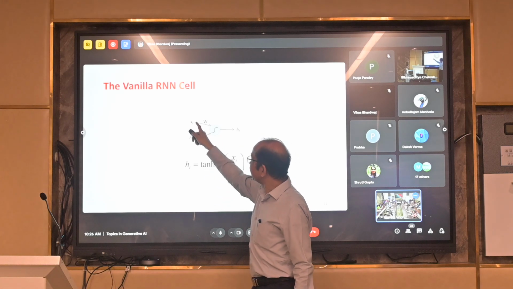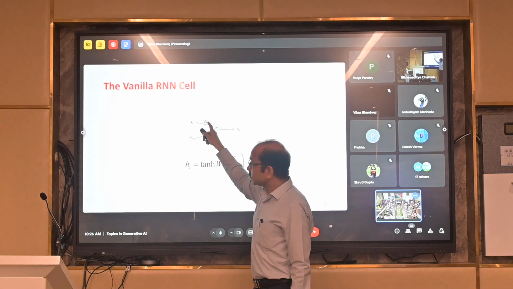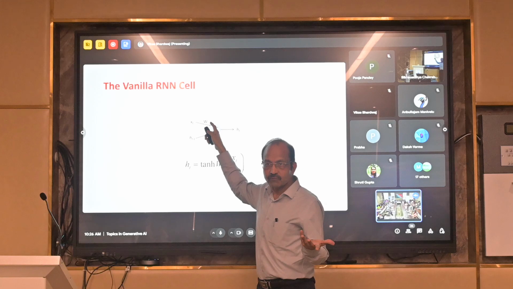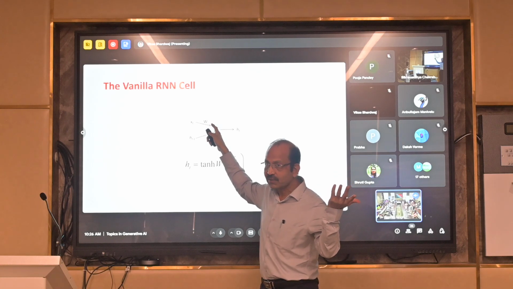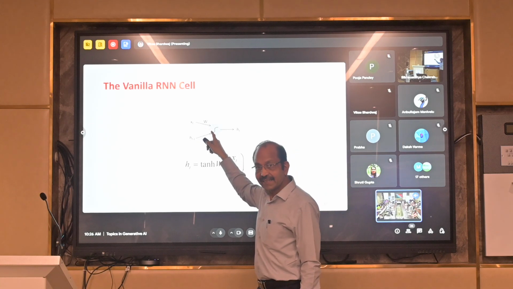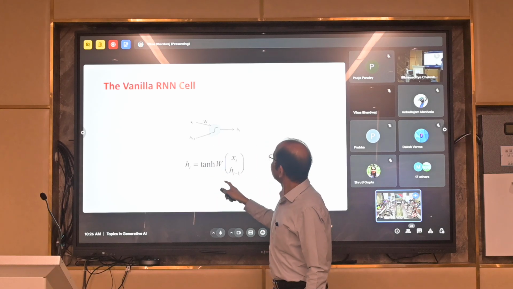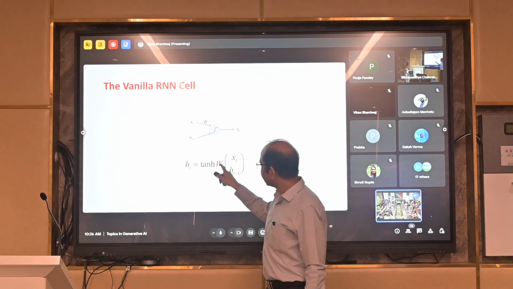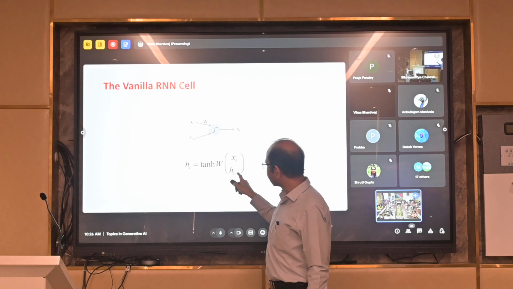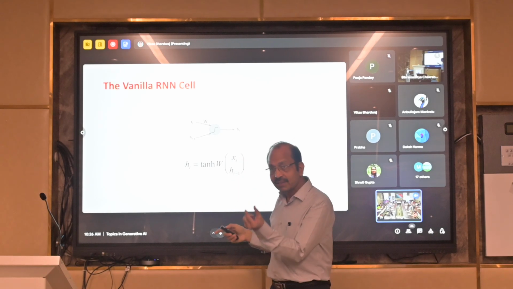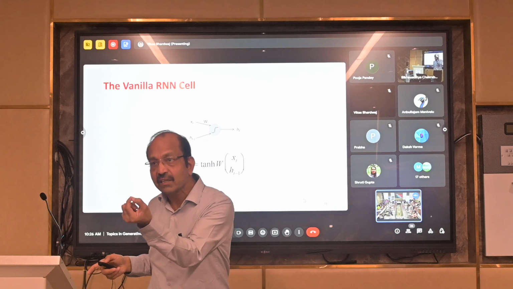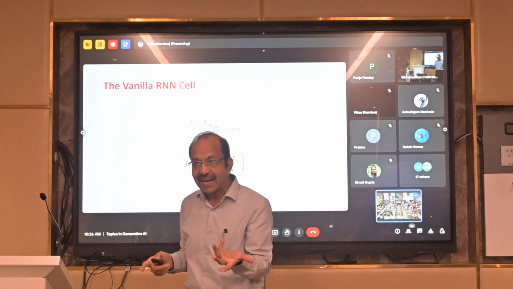And now, these are the two inputs. You will not know the weights initially, just like in an artificial neural network. You are going to compute the net input. The net input can be computed as w into xt plus w into xt minus 1, which is some scalar variable, plus some bias.